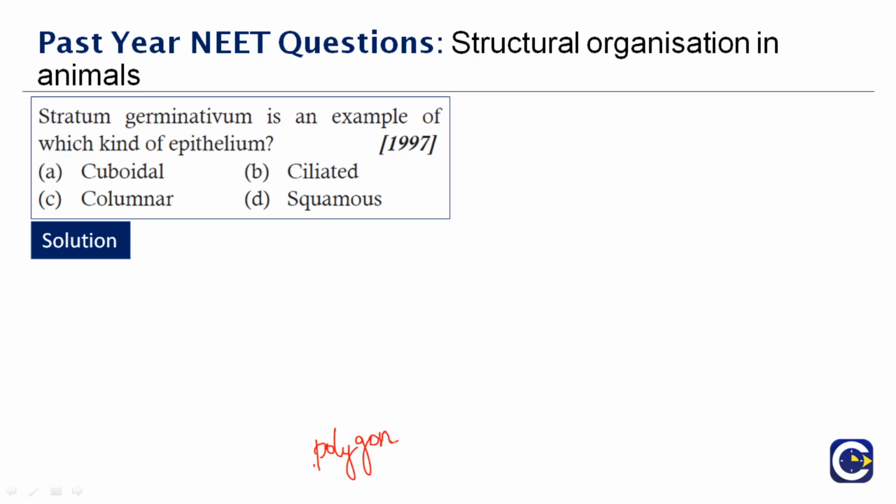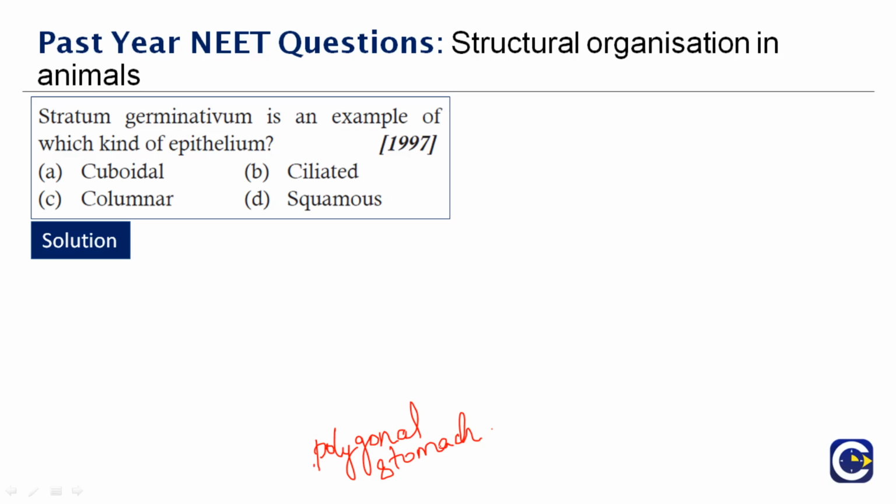I think we discussed it, right? Cuboidal epithelium occurs in the terminal respiratory system, while columnar epithelium is made up of tall cylindrical cells and occurs in the lining of the stomach. Ciliated epithelium cells bear cilia on their free surface and occur mostly in the respiratory tract and the fallopian tube that we already discussed.